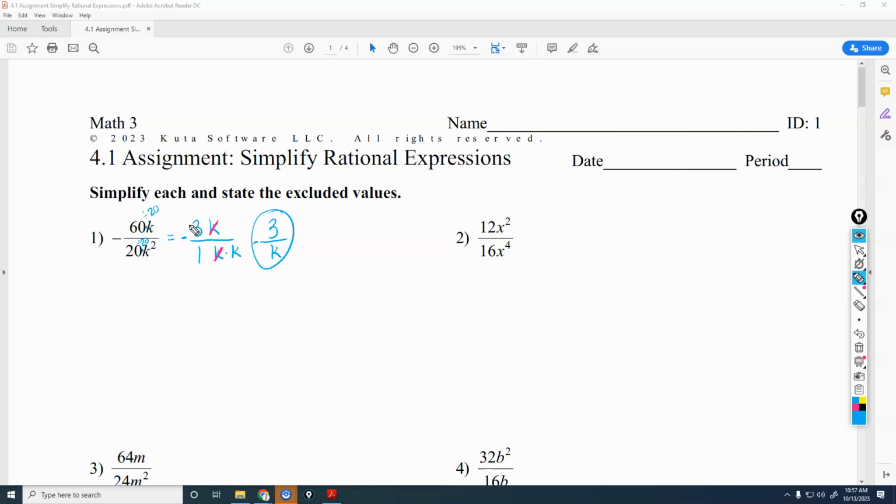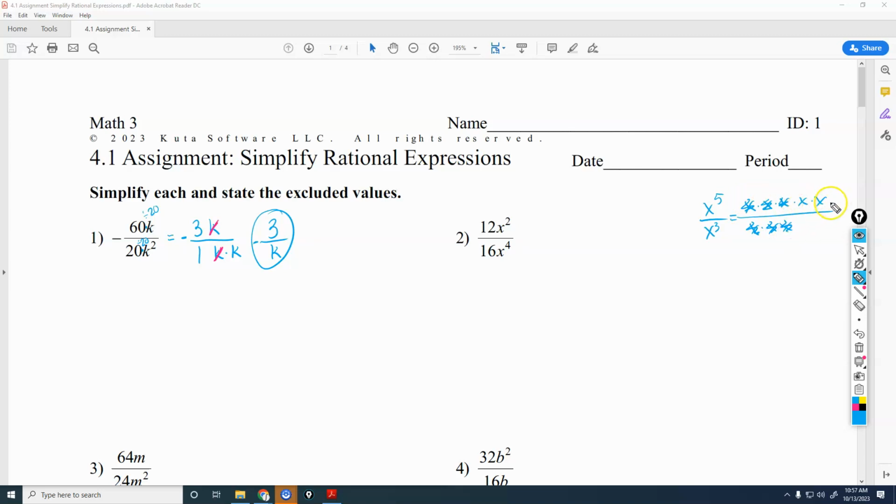Okay, so essentially when you have something, like if you've got k to the 5th over k to the 3rd, you don't have to draw this out every time, but you could. You got 5 k's on top. You got 3 k's on the bottom. Then you got 1 set would cancel, 2 sets would cancel, 3 sets would cancel.